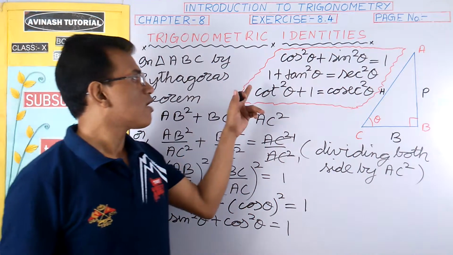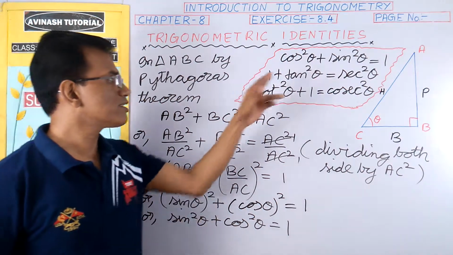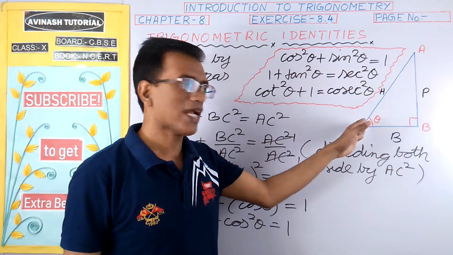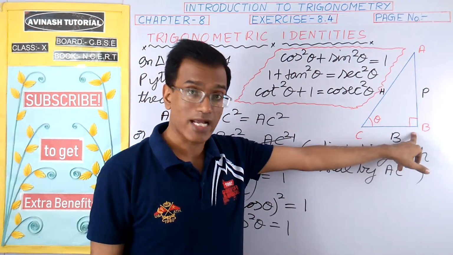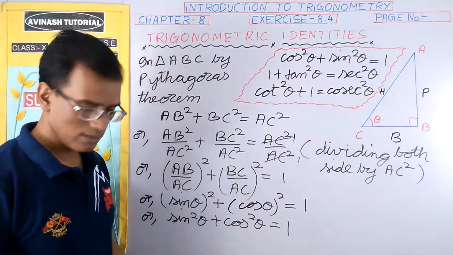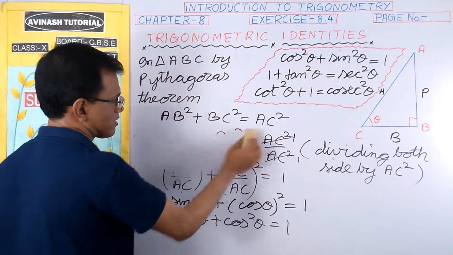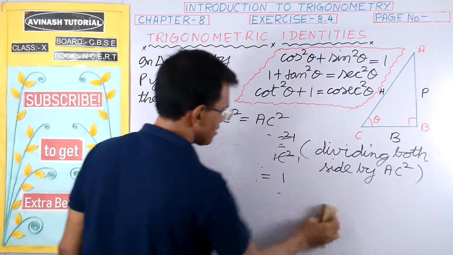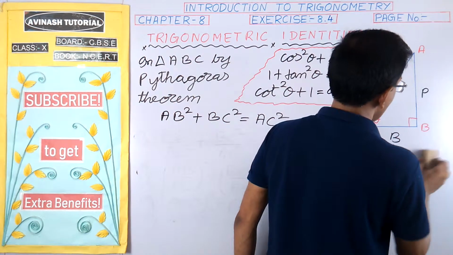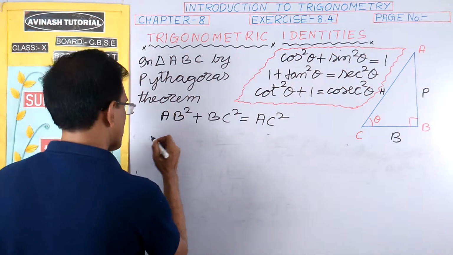Now let us see why 1 plus tan square theta is sec square theta. In order to explain this also, we draw a right triangle in which we take angle C as theta and angle B as 90 degrees. Now by applying Pythagoras theorem, we get this. Now we will divide both sides by, can you tell, which side? This time we are going to divide both sides by BC square.